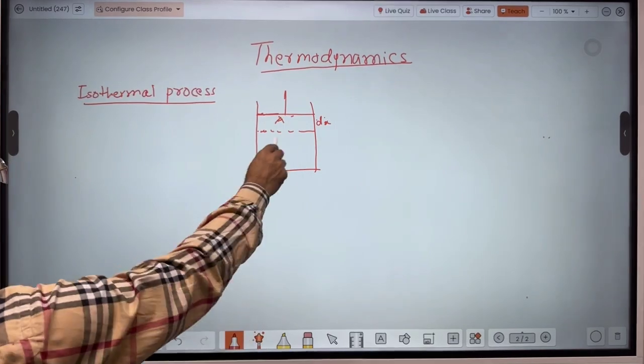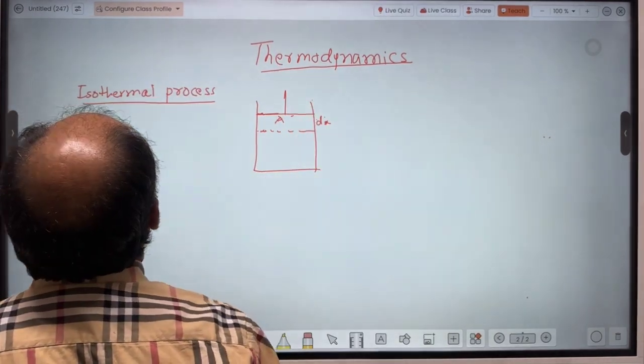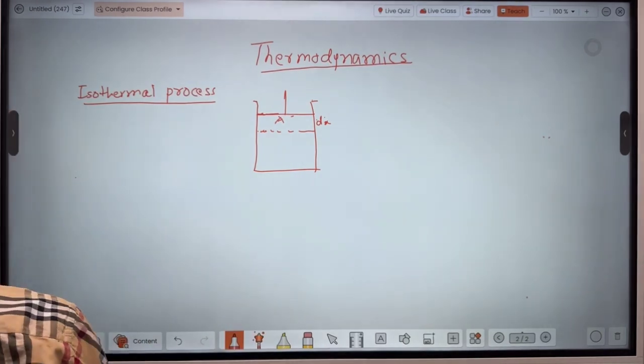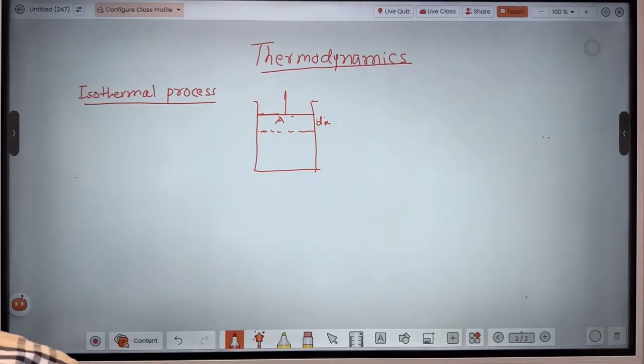So let's see what all is happening, and since this process is isothermal, its temperature will remain constant.